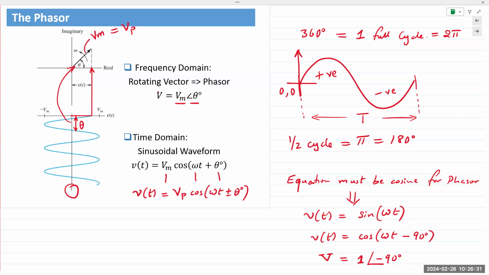Plus 90, you would be rotating counterclockwise. So positive phase angle is counterclockwise. Negative phase angle is clockwise. So instead of going counterclockwise for a positive phase angle, you're going clockwise. So minus 90 would be pointing straight down.